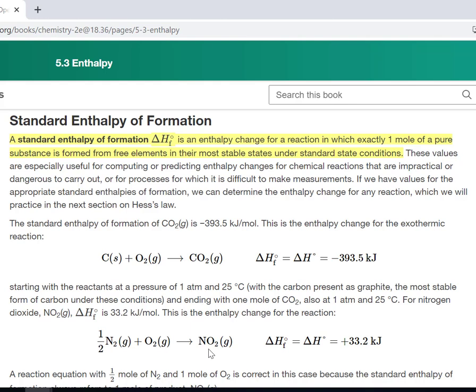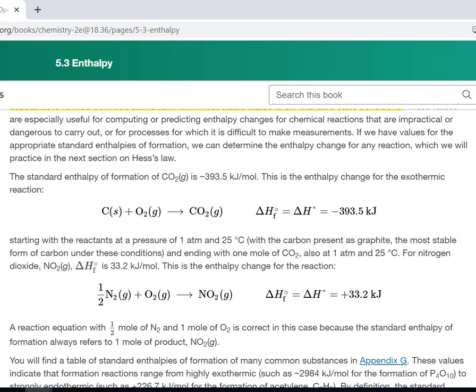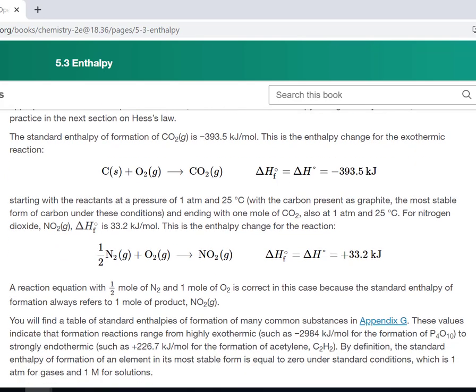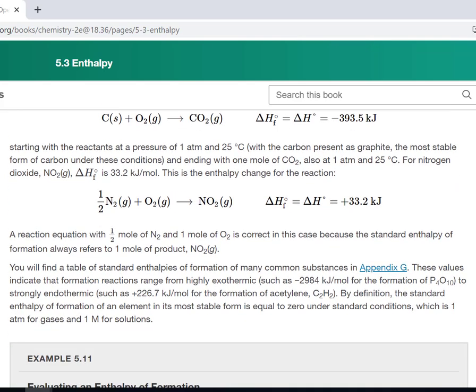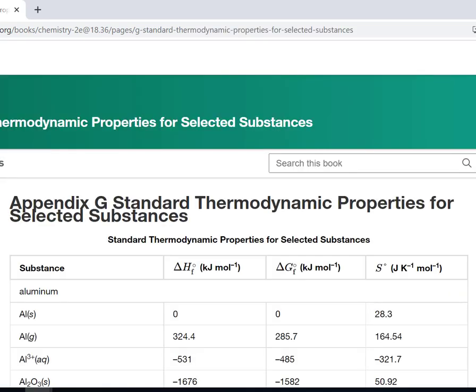So what we can do is establish a series of enthalpies of formation for essentially any compound, and we'll see why that's useful as we move forward. We have that table in your textbook, and it is in Appendix G. So there's a link to that right here.